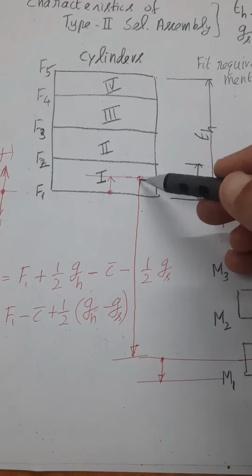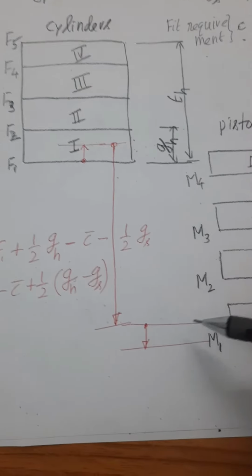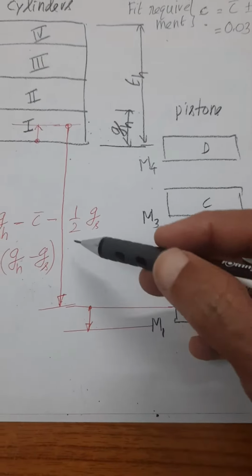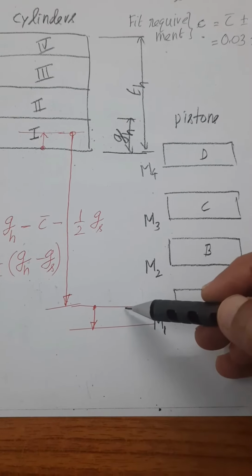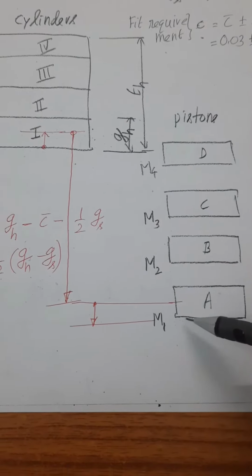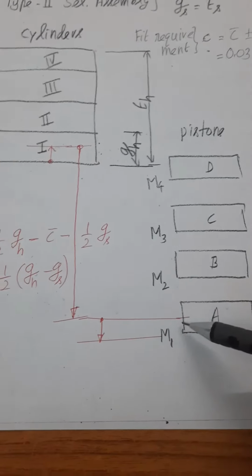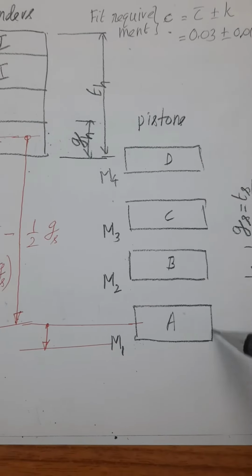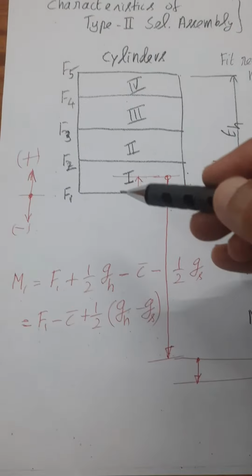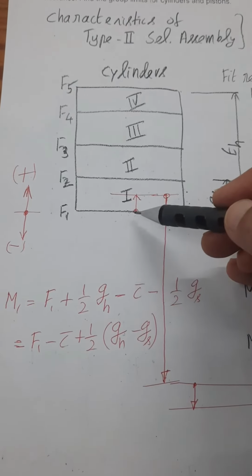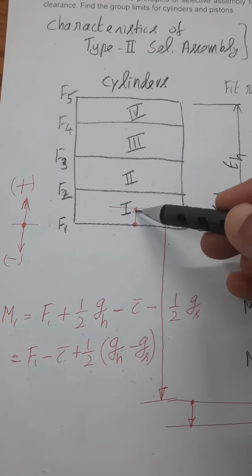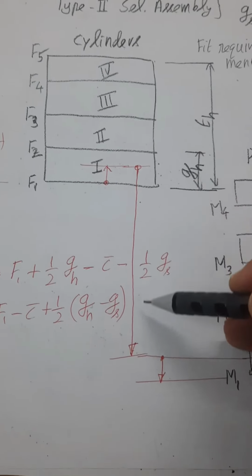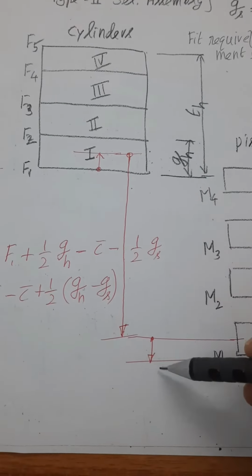Then from here I move to the mean of the first group of piston. So this is nothing but C bar. Then from there I move to the M1, which is nothing but half of the GS. So let me show the loop again. F1 plus half of G gauge minus C bar minus half of GS.